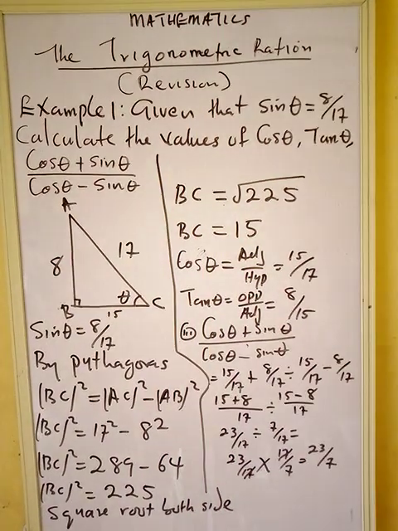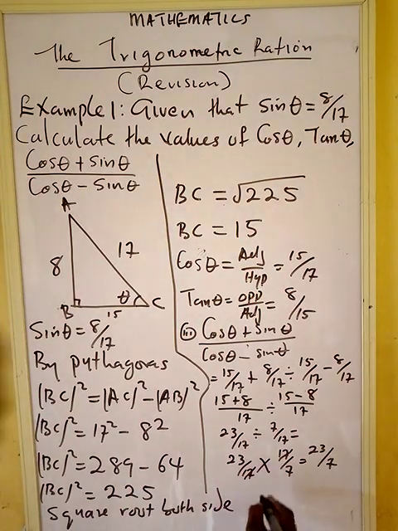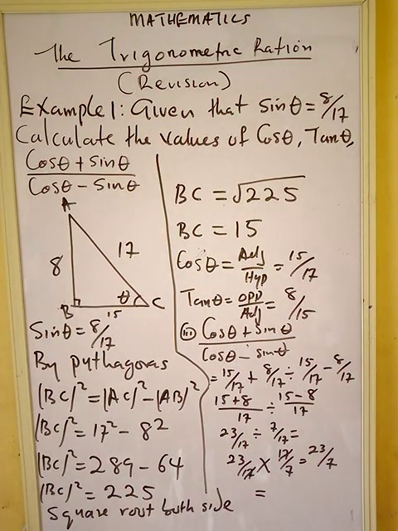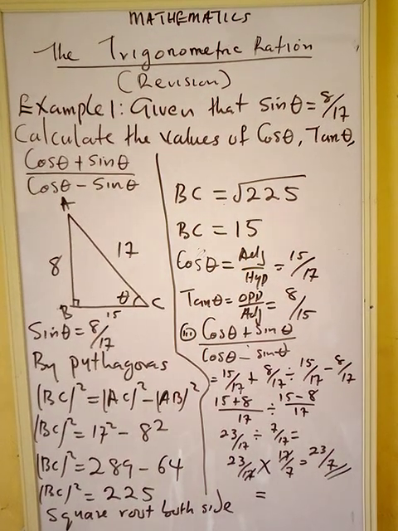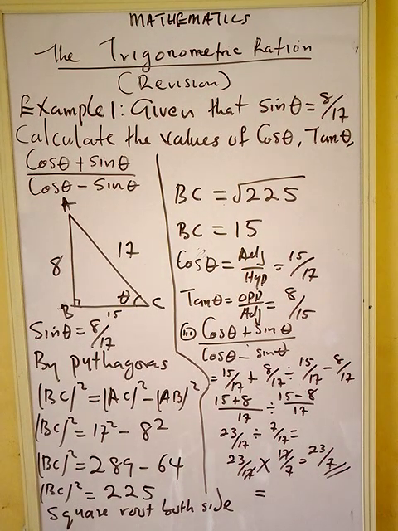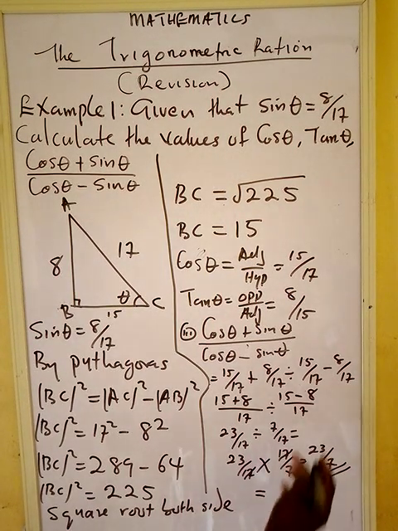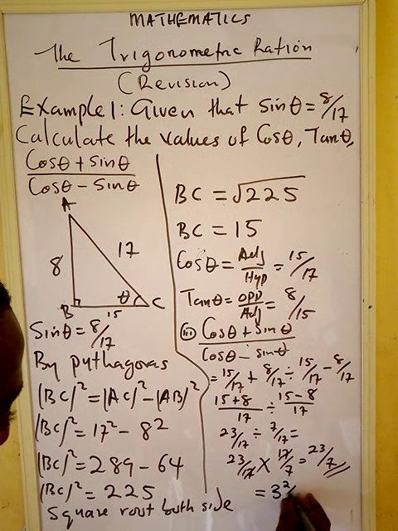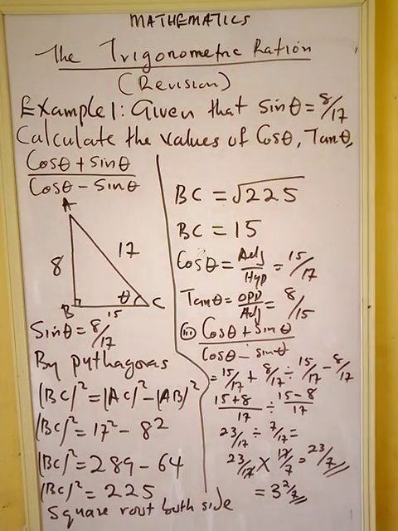So 23 over 7 is our final answer. You can leave your answer like this, because your question was given in fraction form, although we can put it in a mixed fraction: 7 in 23 gives us 3, remainder 2, so 3 and 2 over 7.